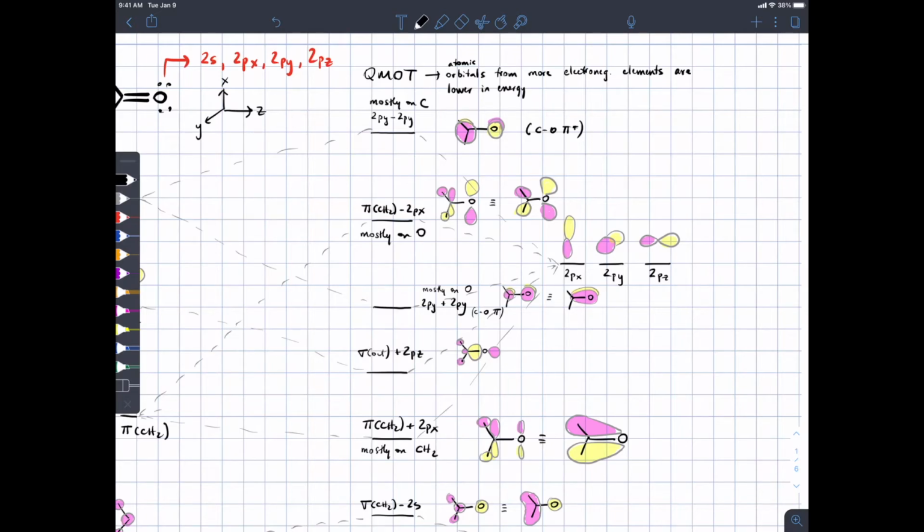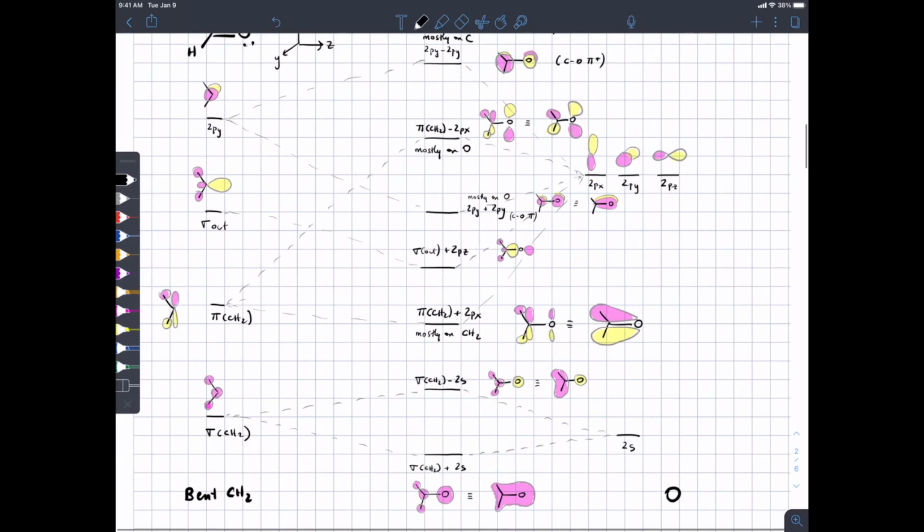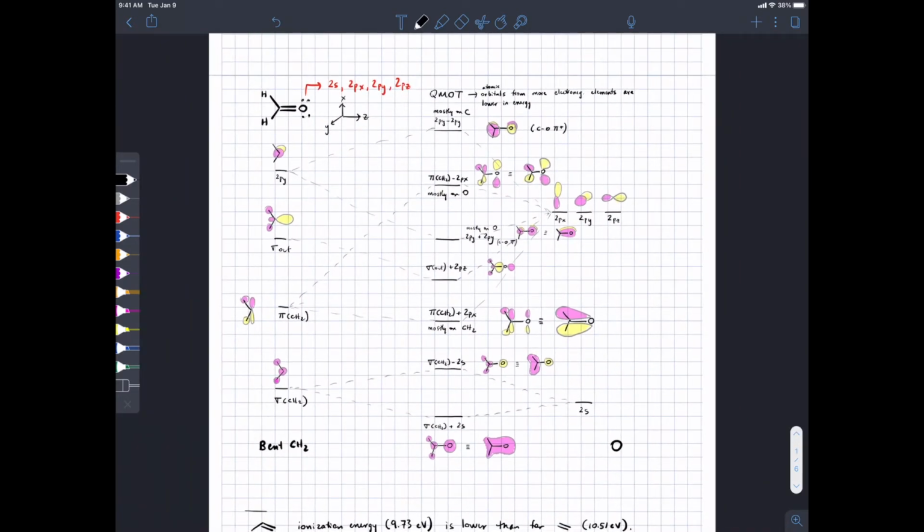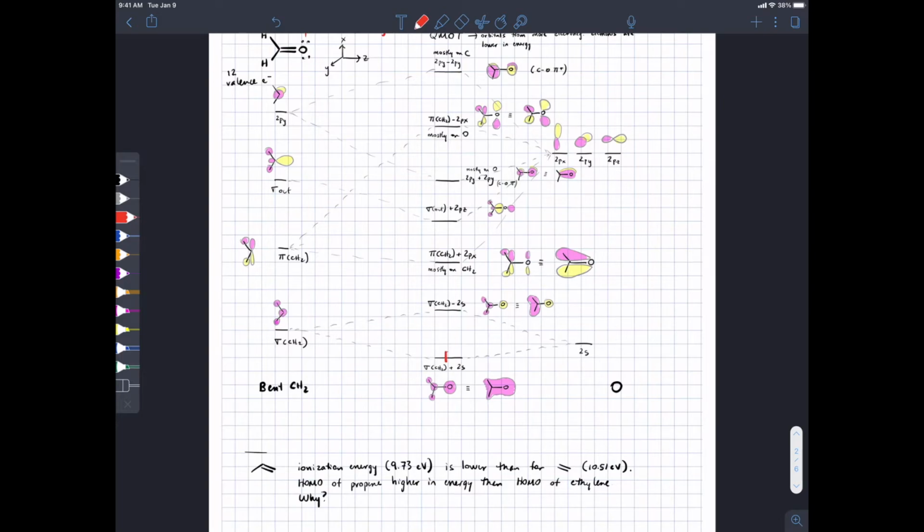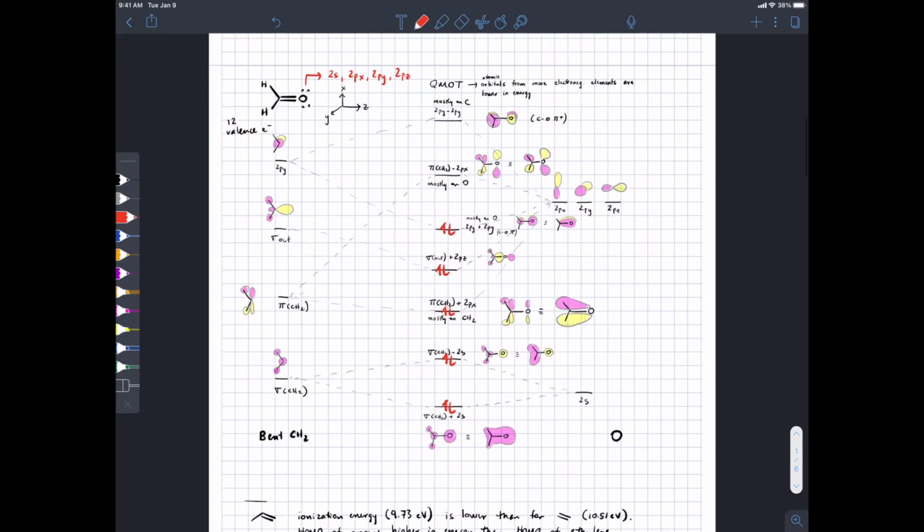All right. Now that we have all of the orbitals mixed together, as with ethylene, we have 12 valence electrons. So now let's fill up the orbitals with the available electrons: 2, 4, 6, 8, 10, and 12.